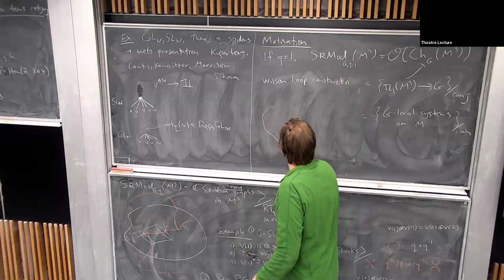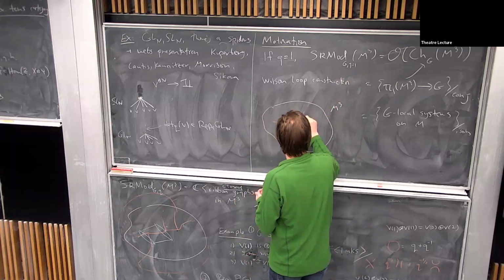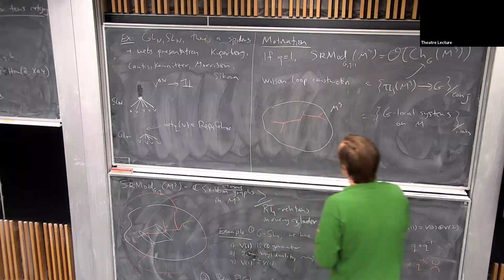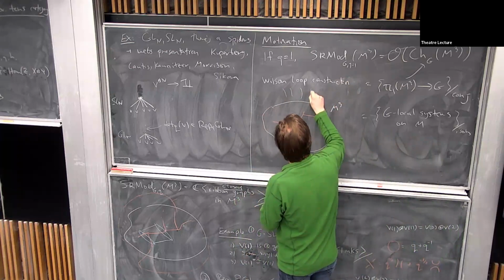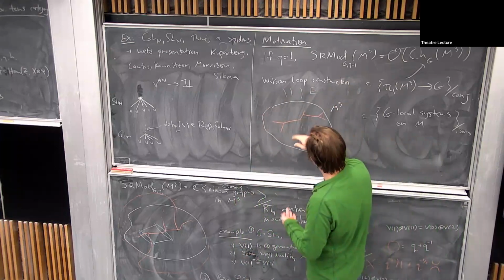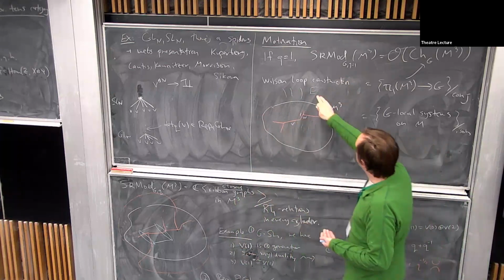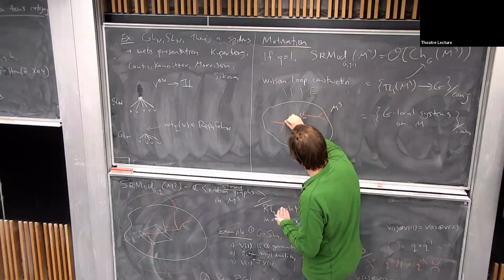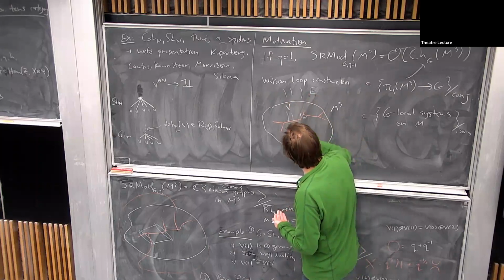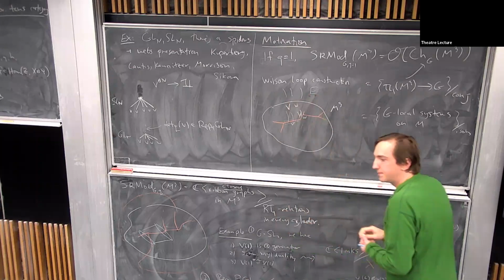Okay, so we have our 3-manifold. We have this network. And we have a G-local system over it. Call that E. Well, what we can do, so we have these labels. We have a representation V here, representation W here. We have a map F here, and so on. So what we can do is take the associated vector bundle to this local system, and restrict it along this edge. So along this edge, we just have the associated vector bundle V. Along this edge, we have the associated vector bundle W, and so on.